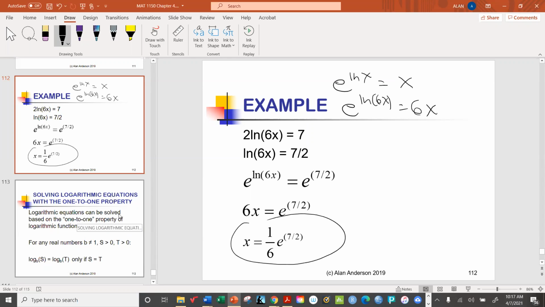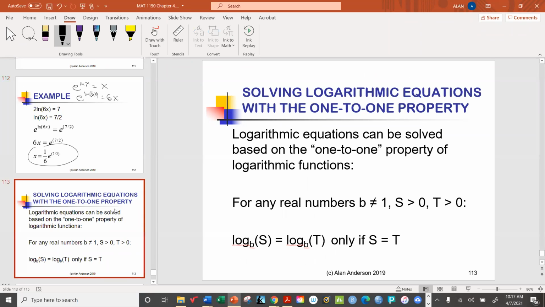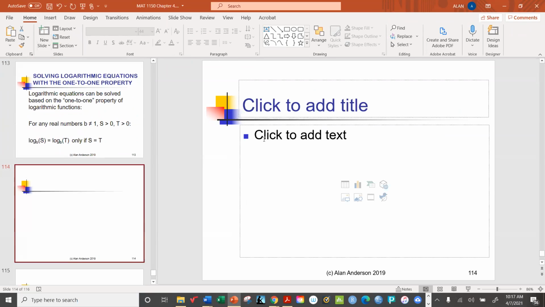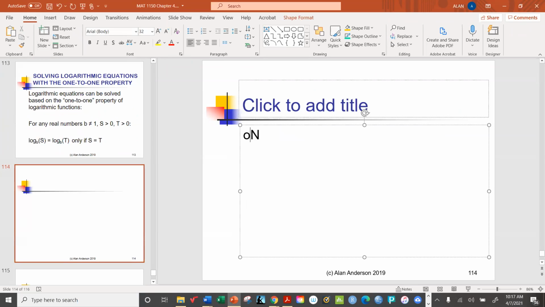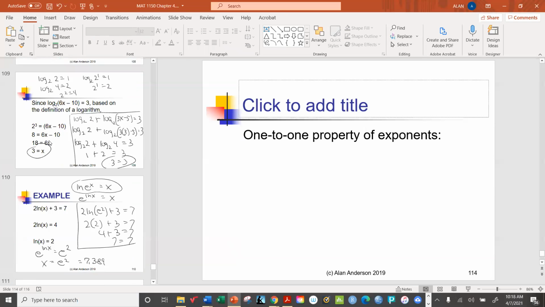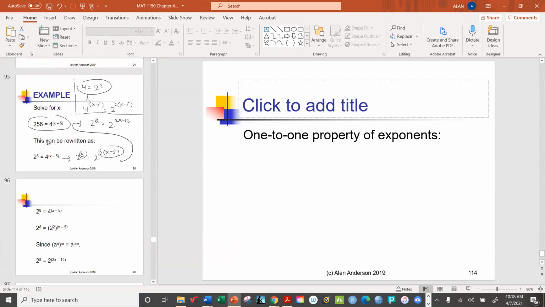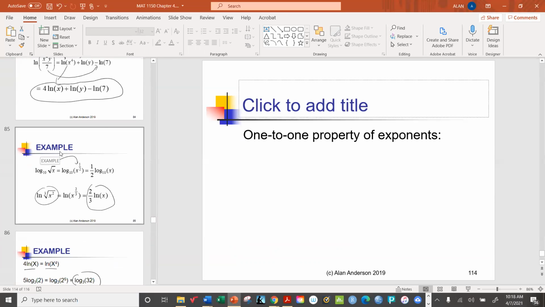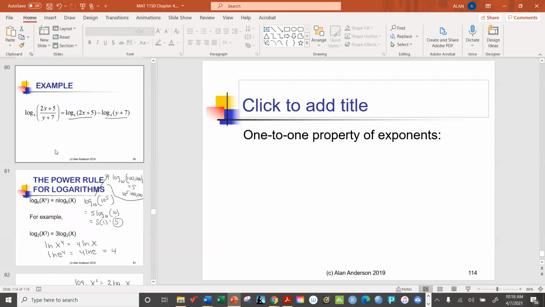Okay, now we've got another one-to-one property here. In fact, why don't we do this? Once again, let's put these together in one convenient location. Remember we had the one-to-one exponent properties when we first started out. Let's go grab it again, because now you can see how they correspond to each other. In other words, we're going to be able to do this with both exponents and logarithms.